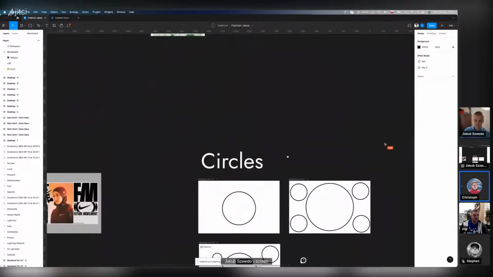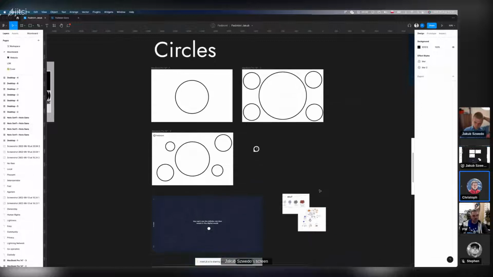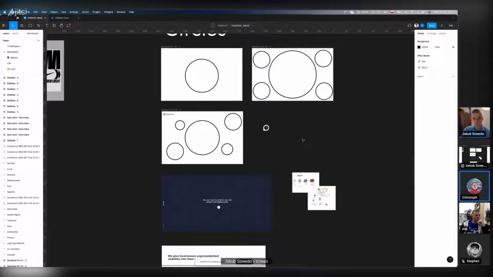I have to see a little bit more of it. Otherwise, it's circles. But I would need to see it combined, used in some specific way that's maybe unique to Fedimint, or coupled with a few other details, elements, or animation, or just something else. Yeah, cool to see a little bit more of that.